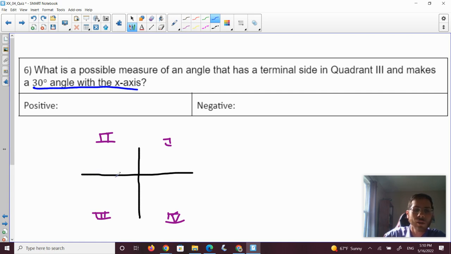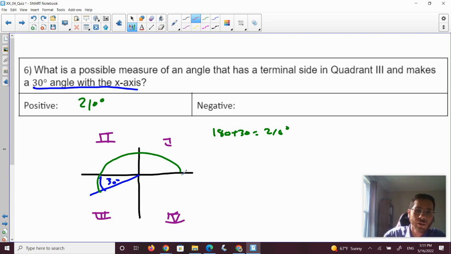So the nice thing is, all right, we're just using the x-axis again. We need to have a 30-degree angle here. So again, we need to get a positive and a negative. So this time the positive might be a little bit easier because to get the positive, it's 180 for half the circle and then another 30. So 180 plus 30 is 210 degrees.